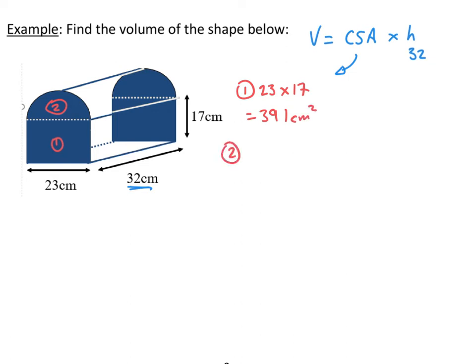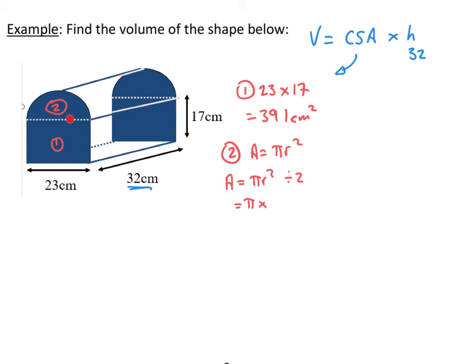Area 2, so it's a semicircle, which is half of a circle. So the area of a circle is pi r squared. So a semicircle is going to be pi r squared divided by 2, which is going to be pi multiplied by the radius. So the base length of the rectangle is 23.